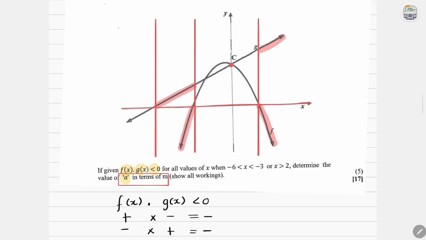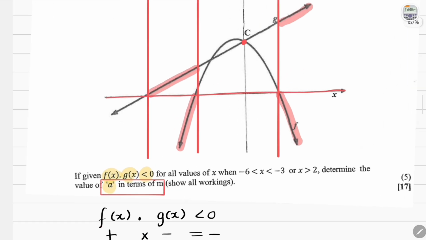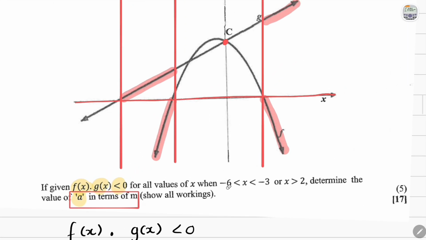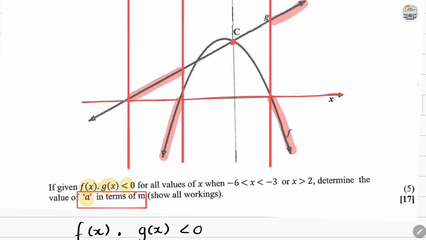Okay, so they say that this is true, right, for all x values where x is greater than or equal to -6 but less than -3. That makes sense now. They are actually marking out these places. So that would mean this -6 and this -3 they were referring to, this happens here. This is -6. This is -3.